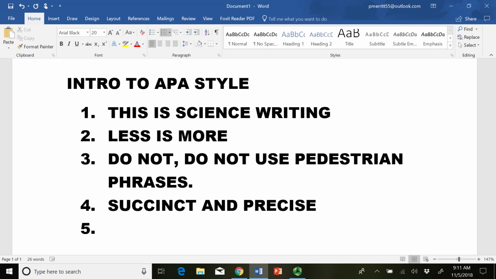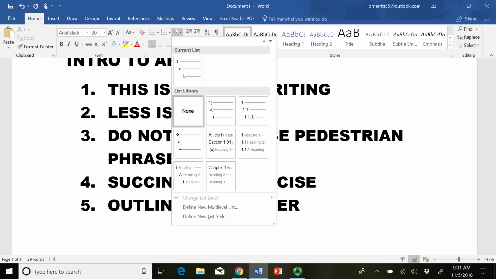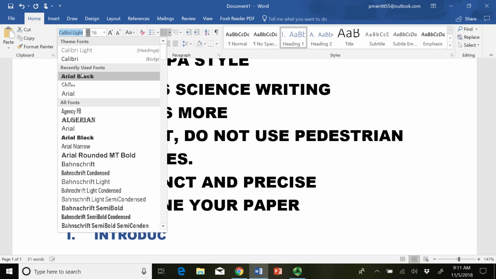And the other thing I want to talk about is how you go about approaching the whole paper. The first thing is you want to outline your paper before you do anything else. And so what you'll do is go into this nice Microsoft Word function we have here and do things like introduction. I don't know why it's changed my font.